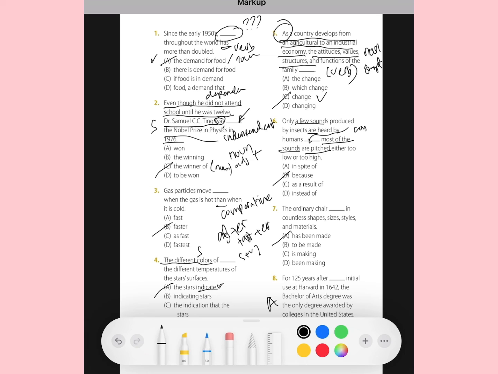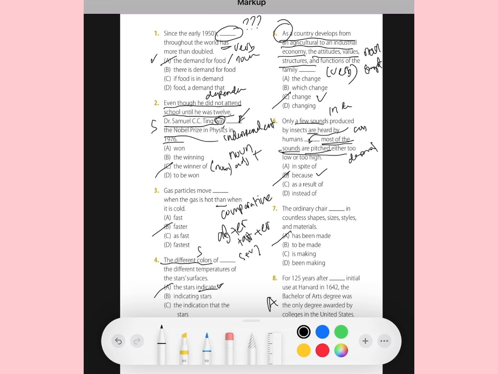For conjunction, we only have because that can connect between these 2. Okay, this one is independent and this one is the dependent. Okay, easy peasy, right? Okay, number 7.